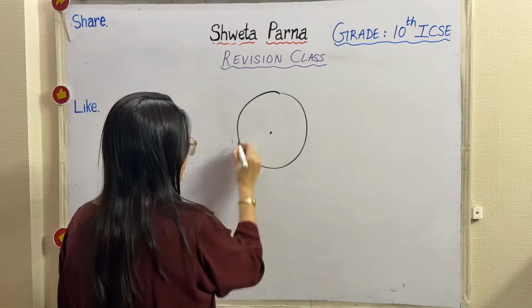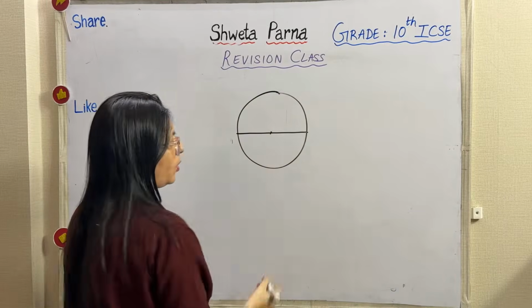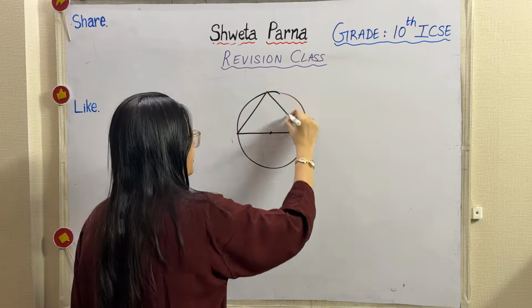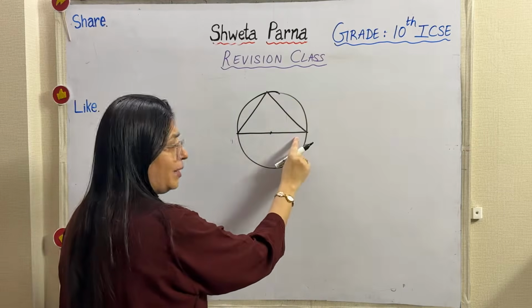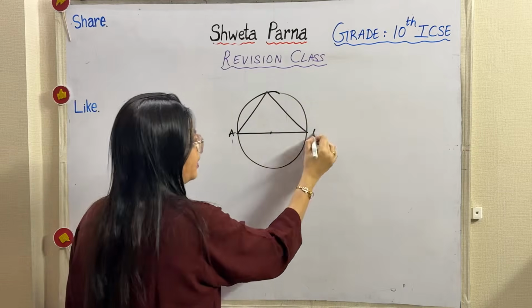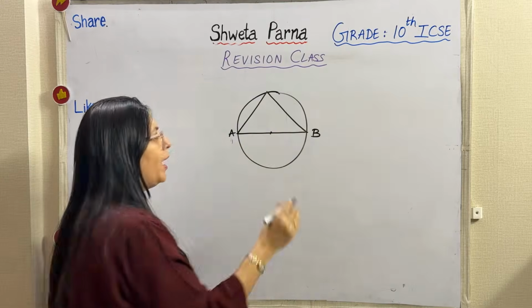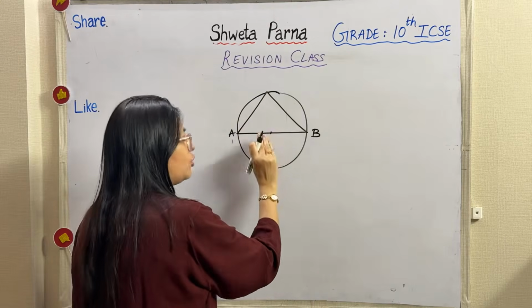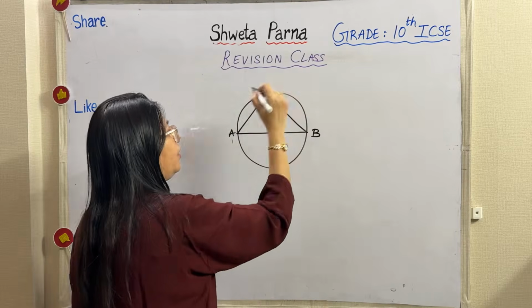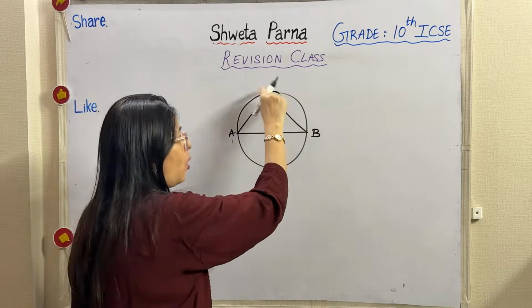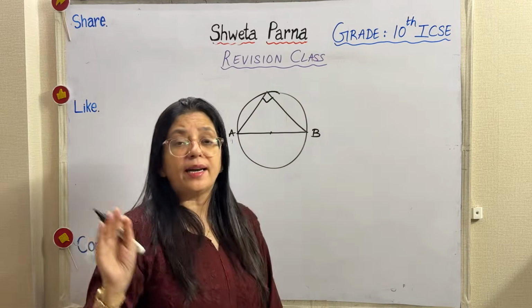If this is the center, I draw a diameter. And I draw a triangle. Always remember, whenever a diameter is given to you, the angle opposite to the diameter, whose point is on the circle, will be a right angle.